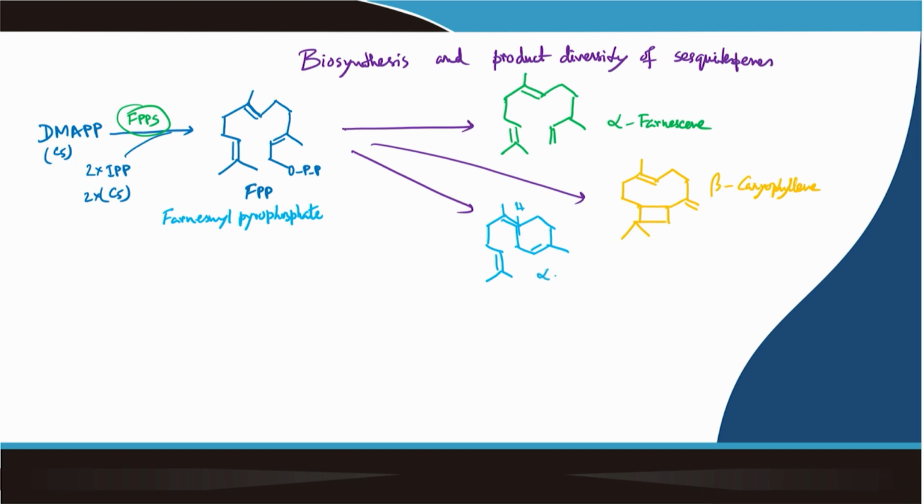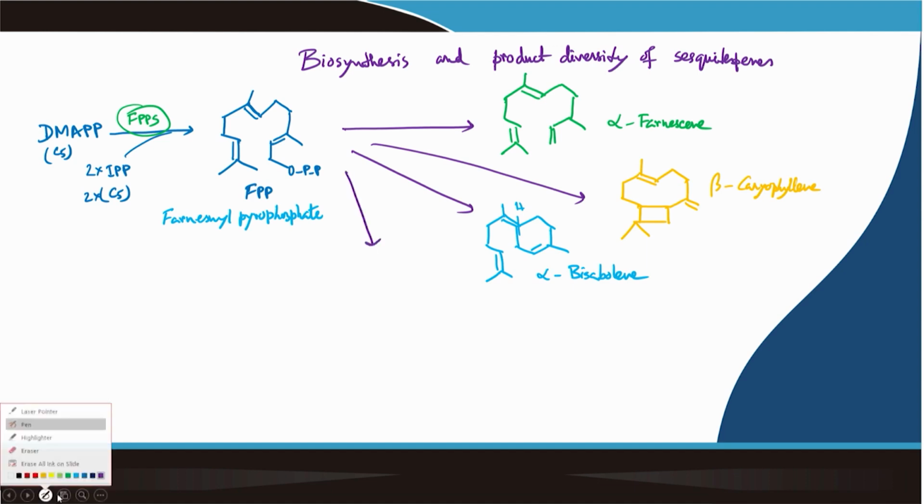This is alpha bisabolene. Another interesting one is humulene. I can also put it. And germacrene I also need to put. So, these 5 structures only I will show.